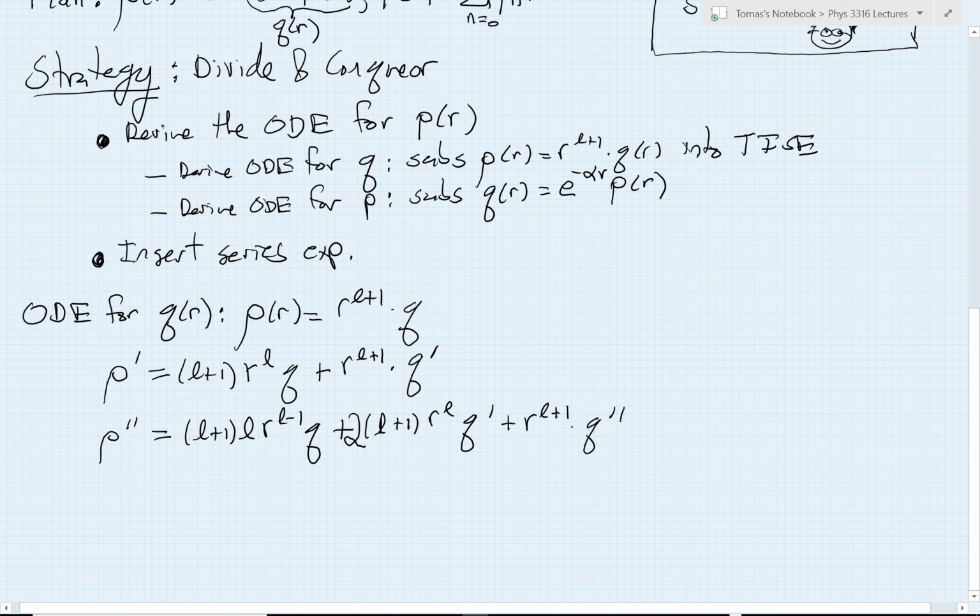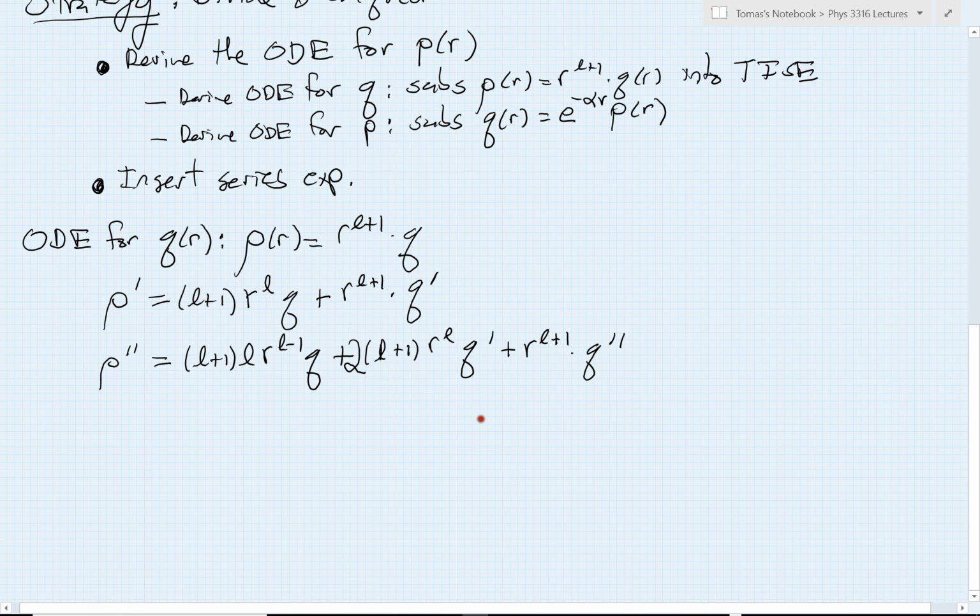Now, I need to substitute this into the time-independent Schrodinger equation. Before doing that, it helps to organize myself. The TISE will also have these factors of rho, which all are written down as R to the L plus 1 times something. So to stay organized, it's really going to behoove us to factor out that R to the L plus 1. So let me factor that out as one grand factor. Also, I like to write my derivatives in descending order so that I have the more complex things first. So let's do that. So the R to the L plus 1 I've factored out. So the first term is Q double prime.